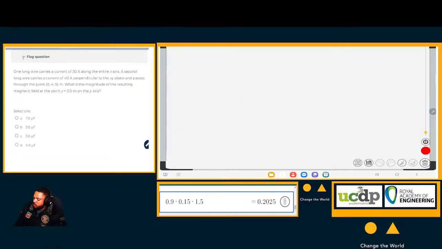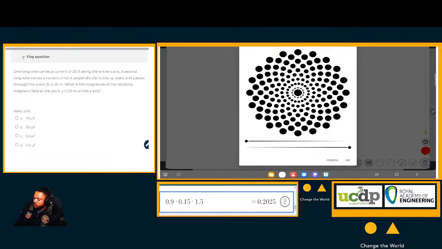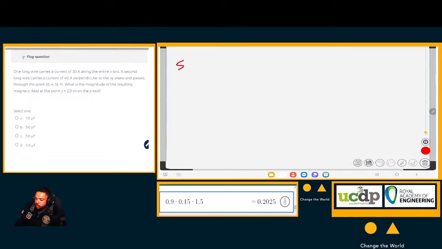So what we've established now is that this is the magnetic field for number 5. Magnetic field along this direction, the x direction, and then we have one along the z direction.